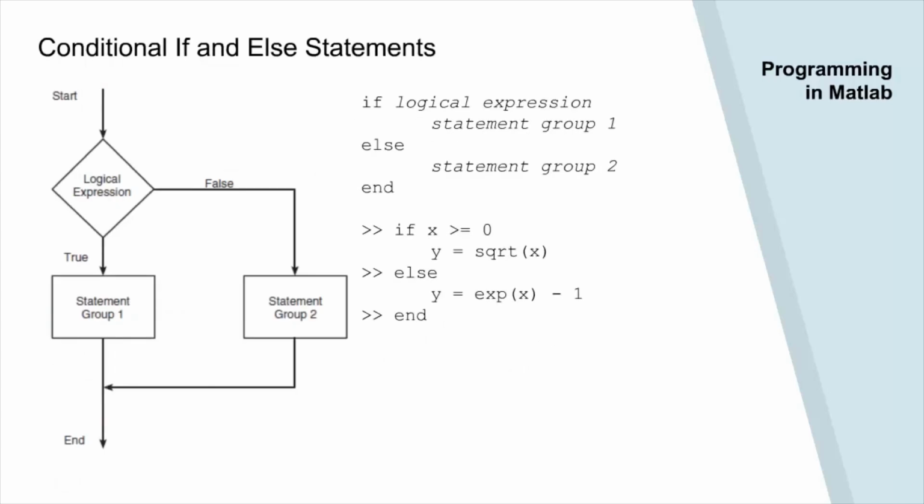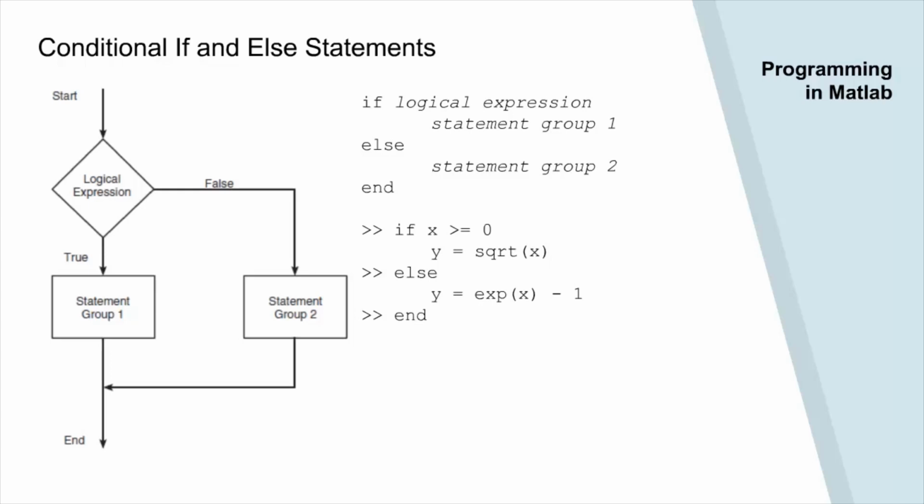The second conditional statement is the if and else statement. When more than one action has to occur due to a result of decision, we use an if and else statement. The basic structure of use of else statement is we have if followed by the logical expression, then the statement for if, then we have else keyword, and following that is the statement for else, and then we have end.